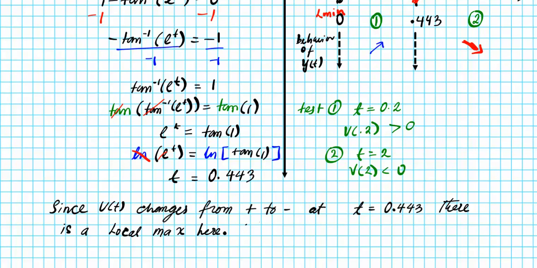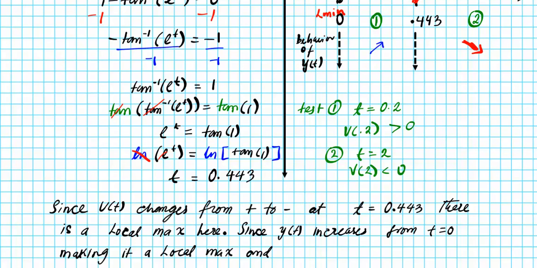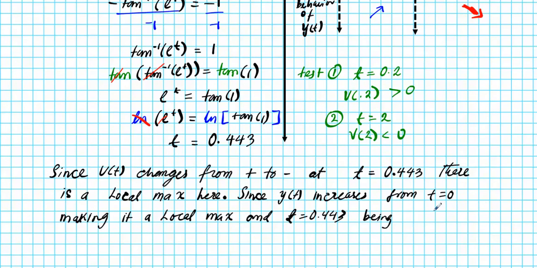We have only one endpoint here. So since y of t increases from t equals 0, making it a local min, and t equals 0.443 being the only critical value, if the only critical value is the local maximum right here, and the endpoint is a local min, then we can automatically conclude that y of t has an absolute maximum.